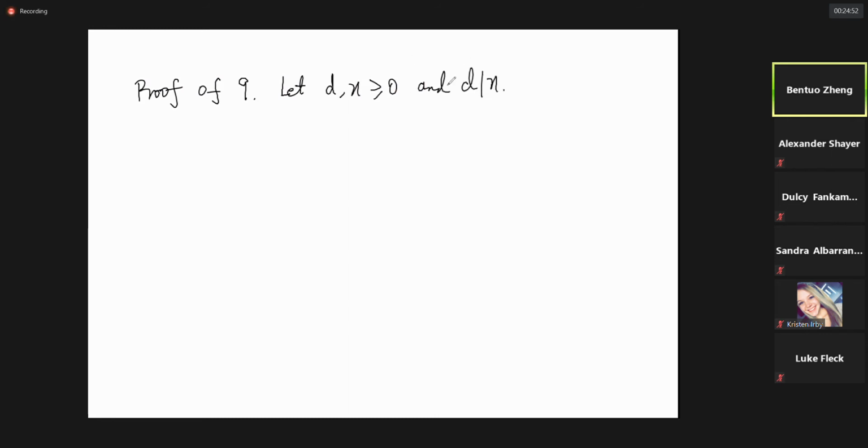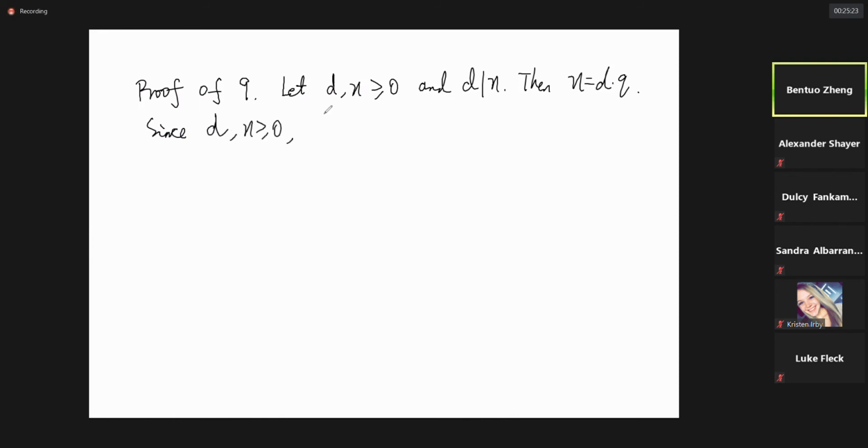Then by definition we have n is equal to d times q. Since d and n are greater than or equal to 0, we know that q has to be greater than or equal to 0.